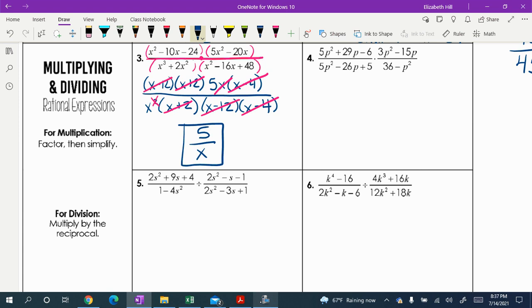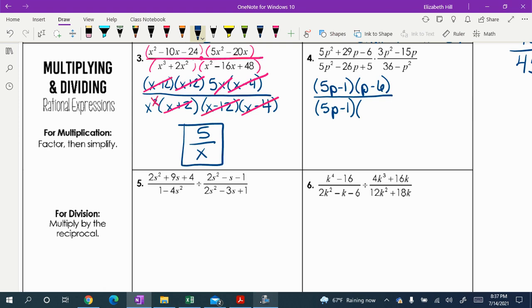All right, why don't you try and see if you can do number 4 on your own. So I want you to try, here, I'm going to factor this out actually for you. So we're going to have a 5p minus 1 times p minus 6. All right, so that is over 5p minus 1.